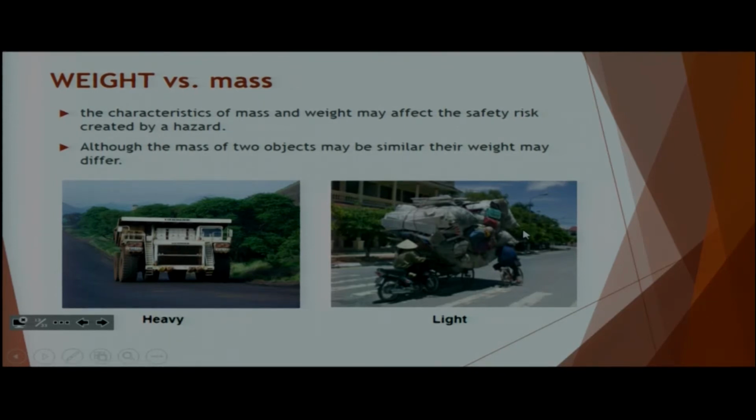The characteristics of mass and weight may affect the safety risk created by a particular hazard. If you get a call within the plant saying a 20-ton brick has fallen on a specific piece of equipment from a height, immediately, as a safety practitioner, you use your understanding of mass as well as weight to say this is a heavy object that fell from a distance, so we can expect or predict that damage can be severe if it's on equipment.